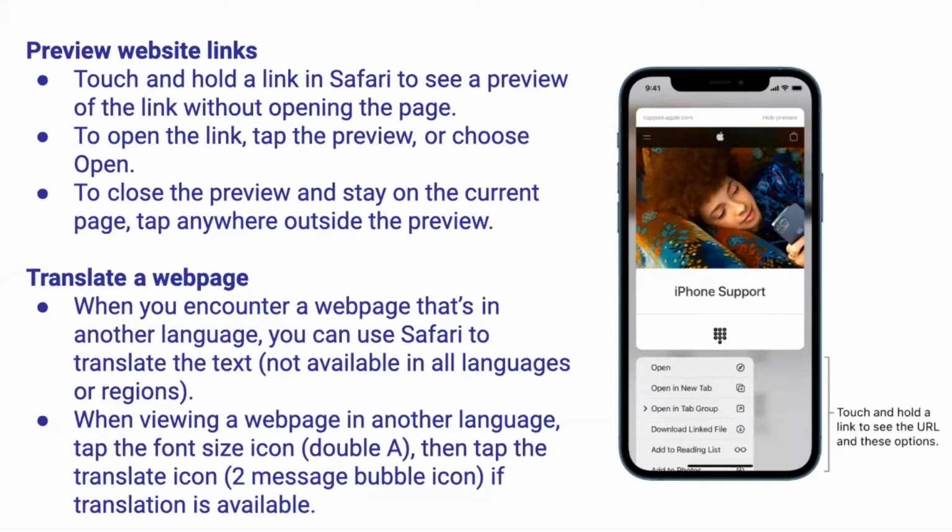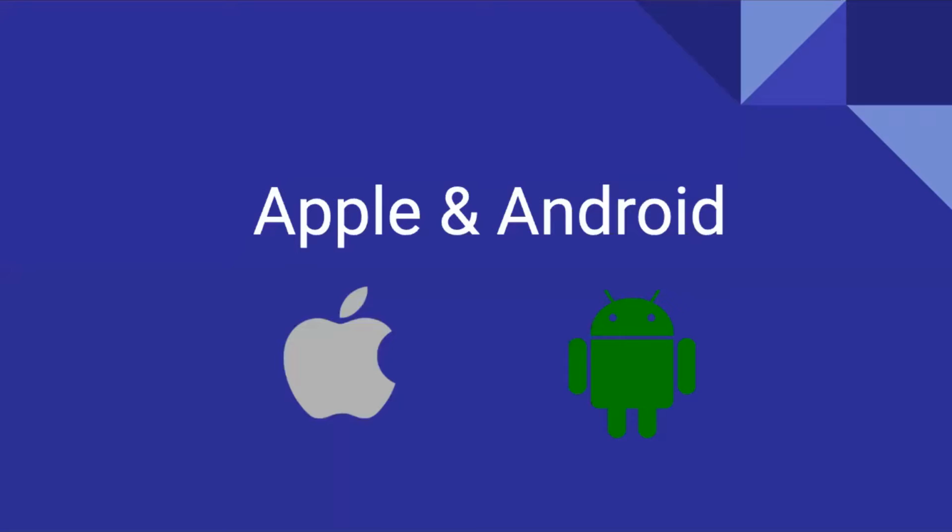So you would tap the font size icon, which would say double A, and then tap on the translate icon, which is two message bubble icons, and it will show you if the translation is available for you.